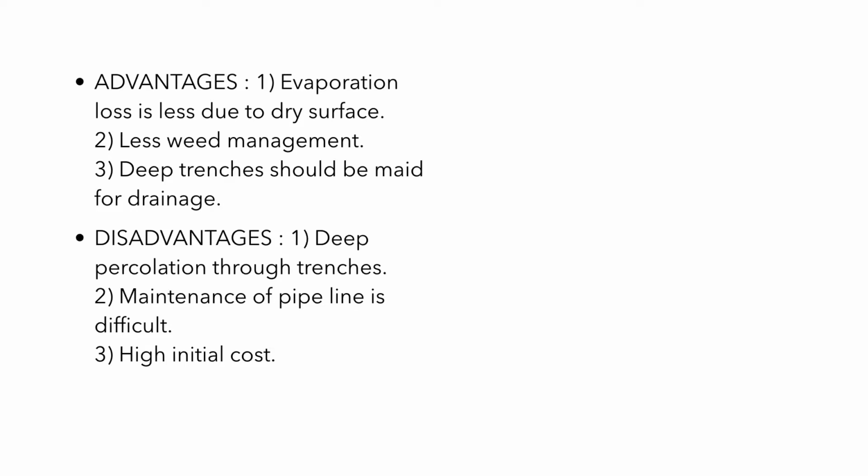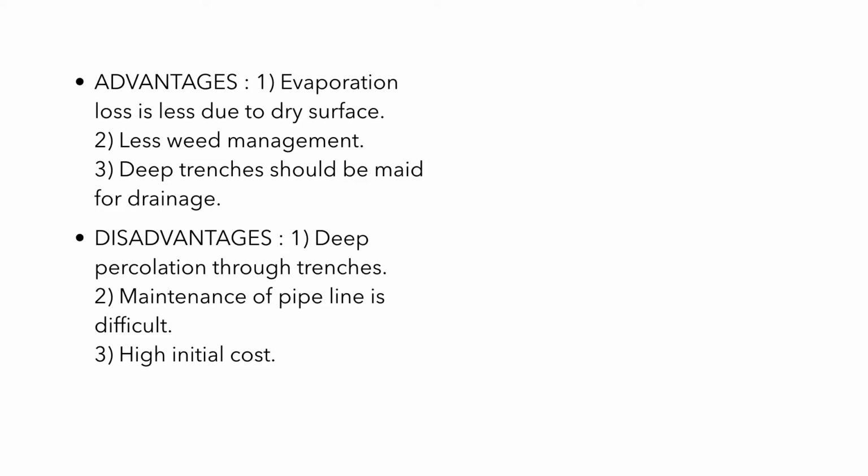And it has some disadvantages, like deep percolation through trenches. Percolation means that when the soil is saturated, the water gradually moves down through different layers of soil. Thus leaching could also take place, so this is a disadvantage of this system.